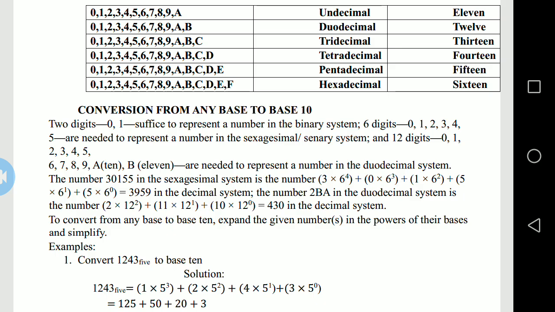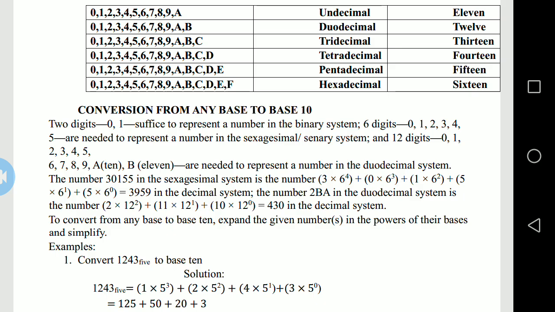The number 30155 in the sexagesimal system is the number 3. That's conversion. To carry out conversion from other bases to base 10, you do what you call expansion.